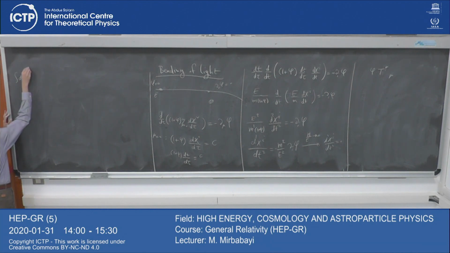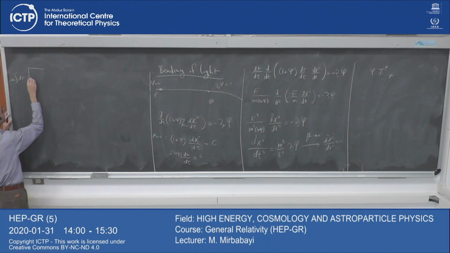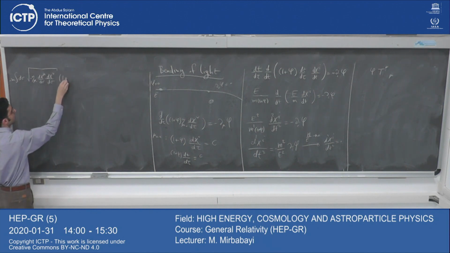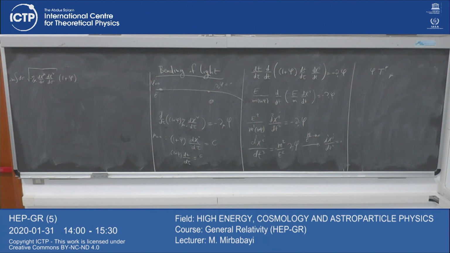So it looks like minus m, the integral over sigma of minus eta mu nu dx mu d sigma dx nu d sigma, and 1 plus 5.